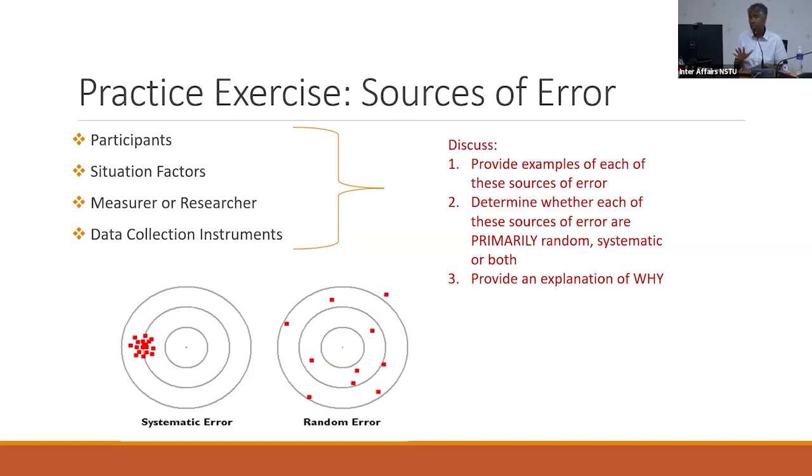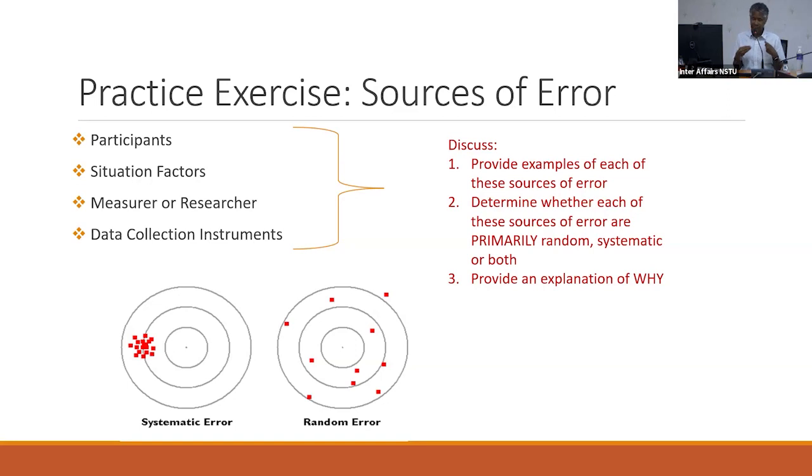There's no error in copying. We may want to make sure that the data collector has been trained and follows the same procedure each time. And where possible, we want to make sure that the data collection situations are the same.